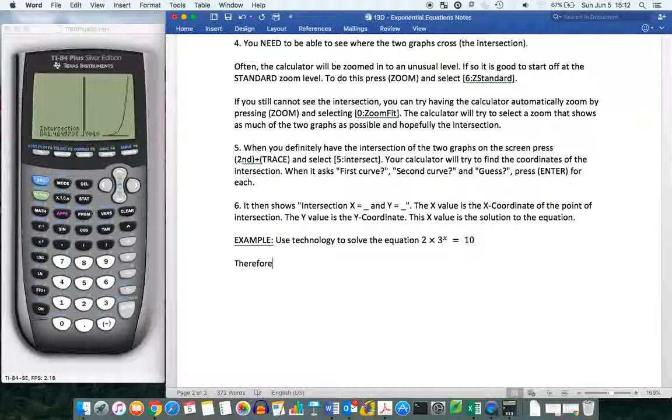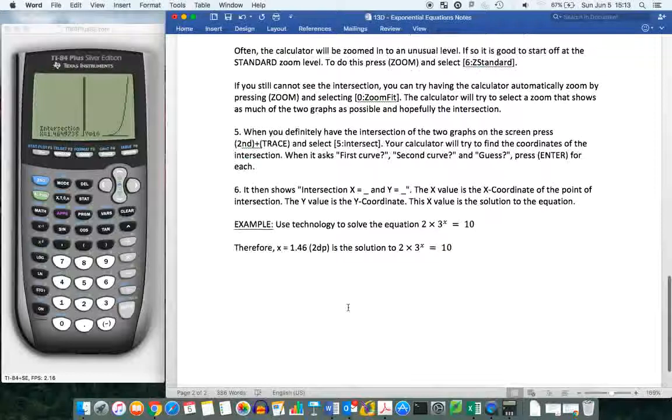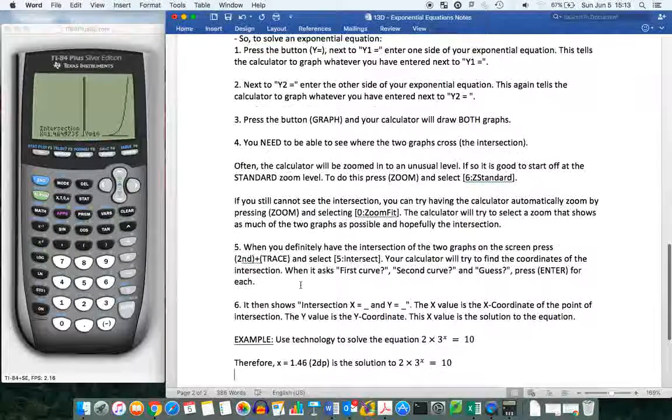Therefore, the solution of that equation is x is equal to 1.46 to 2 dp. Alright, so that is an example of using technology to find the solution to an equation.